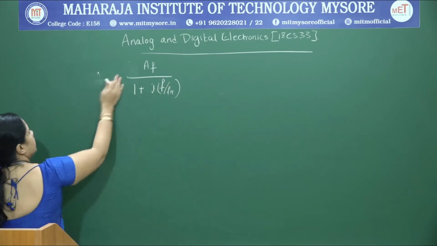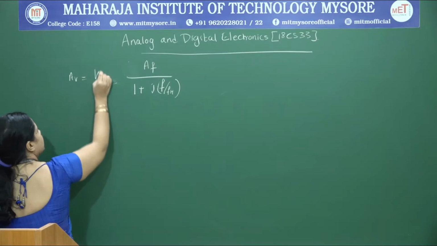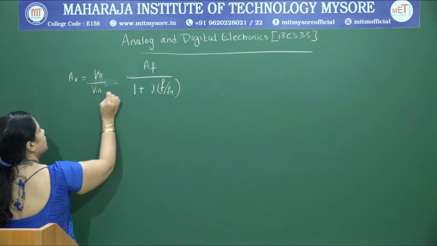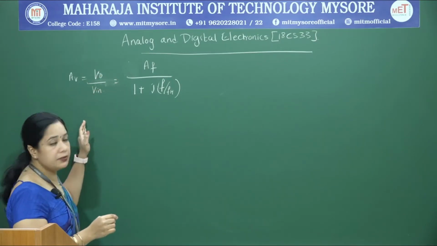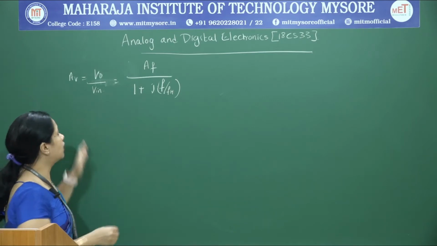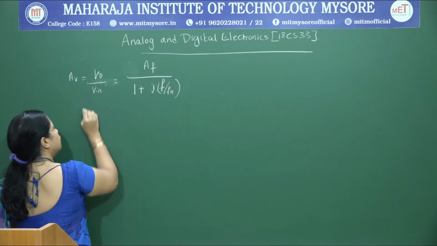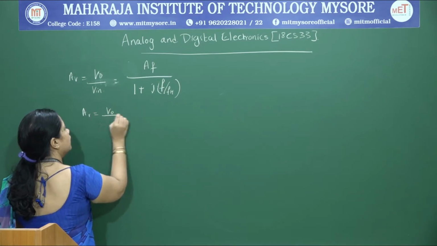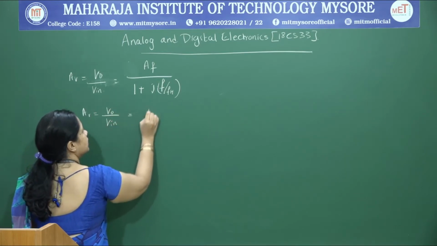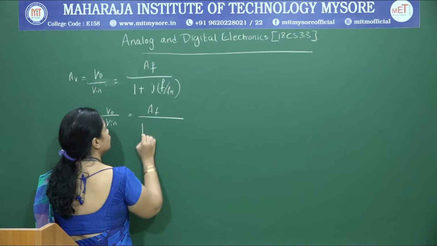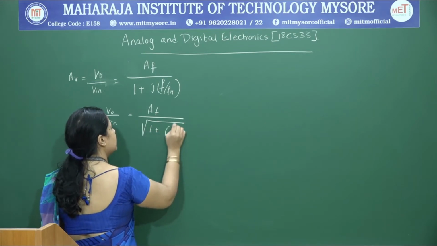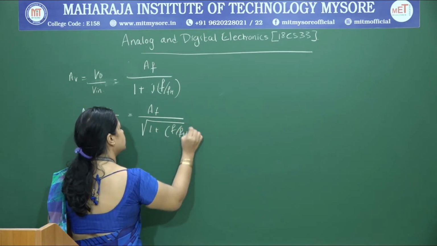Voltage gain is nothing but the ratio of output by input. If I am interested in the magnitude, I take the magnitude of the voltage gain, which is V naught by V in. So, it is AF by square root of 1 plus F by FH whole square.